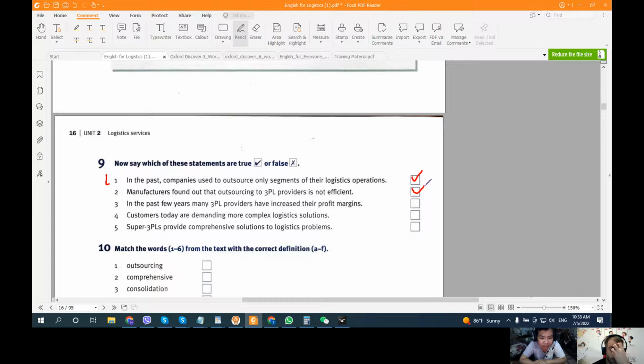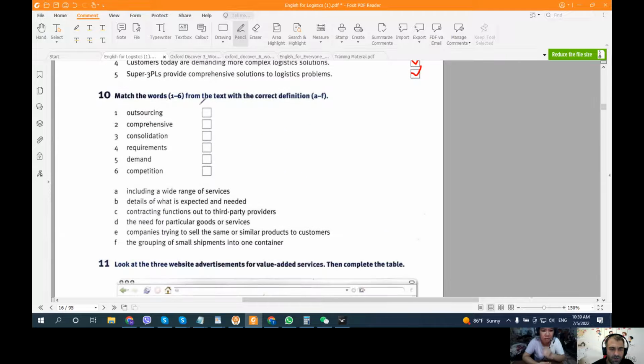In the past few years, many 3PL providers have increased their profit margin. False. Number 4. Customers today are demanding more complex logistics solutions. True. And number 5. Super 3PLs provide a comprehensive solution to logistics problems. True. Okay.